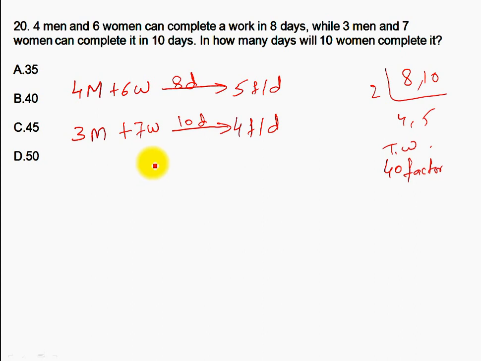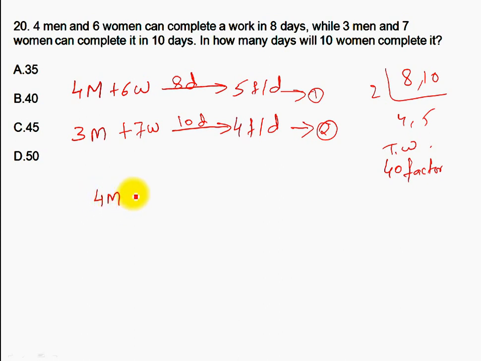We want to know the value of women, so eliminate the men's value here. We need to subtract the equations. We will consider this as equation 1 and this one as equation 2. To eliminate the men's value and subtract, we have to equalize these two equations.